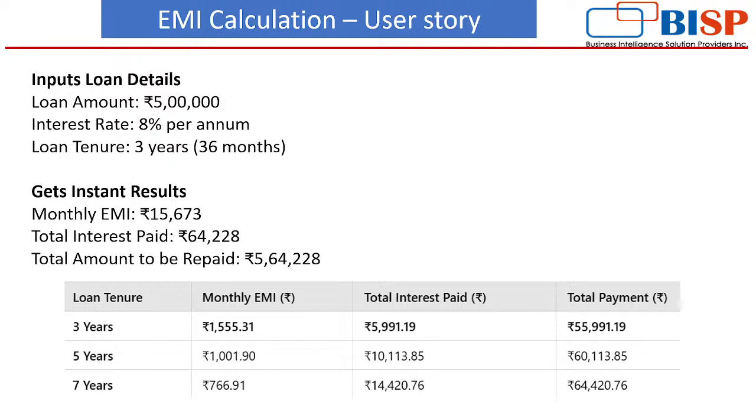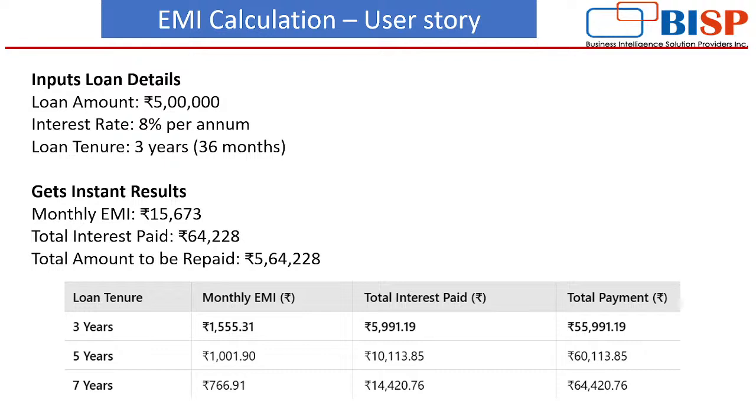He realizes that interest is higher in the initial months and reduces as he pays more principal over time. Later on, when I will be showing you this calculation practically, you will understand how the interest is higher in the initial months, and as time lapses, the interest amount becomes lesser.